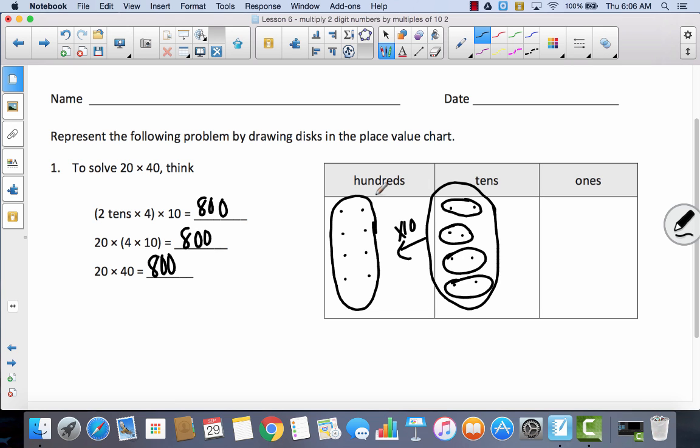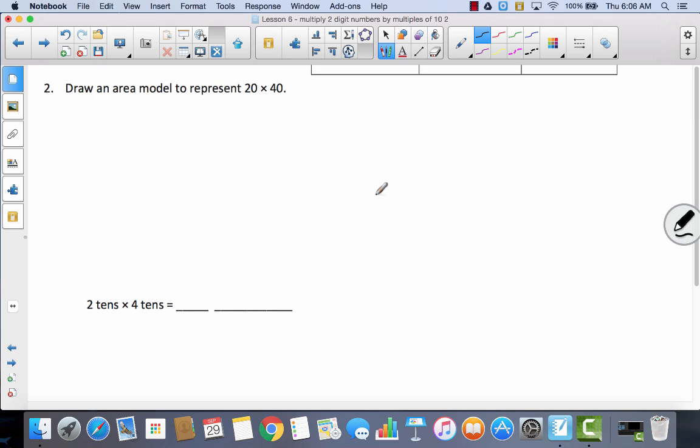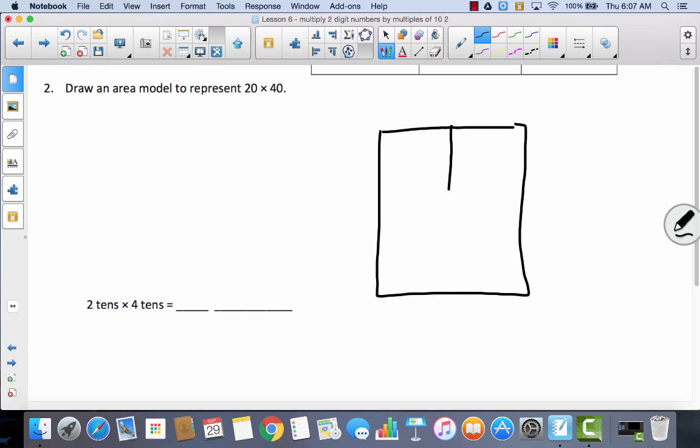All right, let's take a look at number 2. Now we're going to use the same problem, 20 times 40, but we're going to draw an area model. Now I'm going to begin by thinking 20, which is 10 plus 10. So I'm going to draw a rectangle first, and I'm going to divide it in half this way.